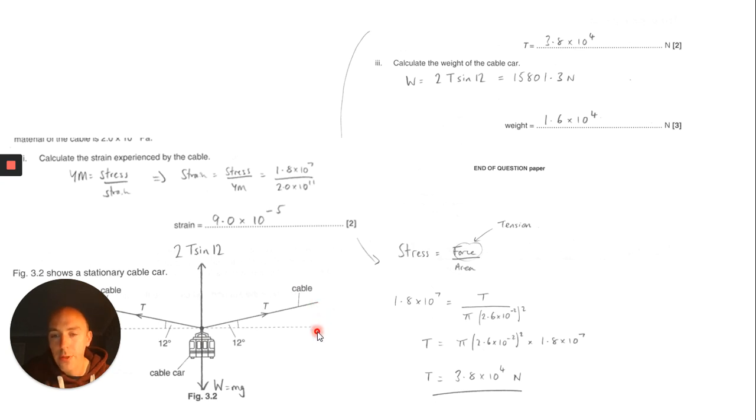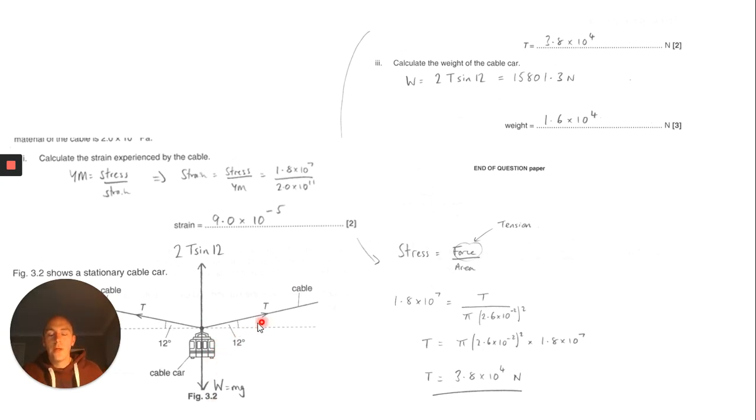This side here, the vertical component, is the opposite. So it's SOHCAHTOA again. Sine of theta is opposite over hypotenuse. Sine of 12 is going to be the vertical component divided by T. The vertical component of the tension would be T sine 12.